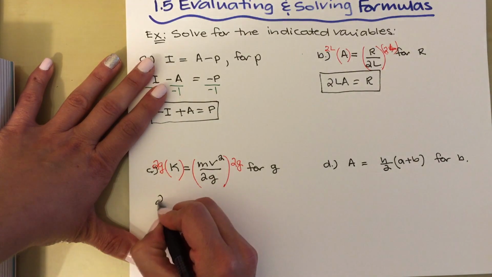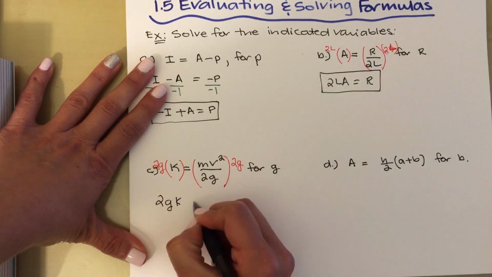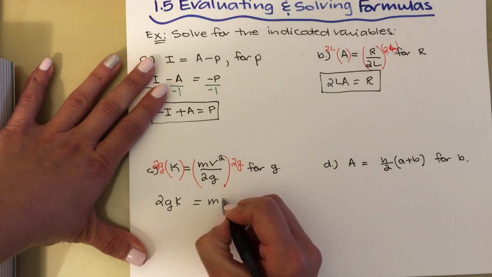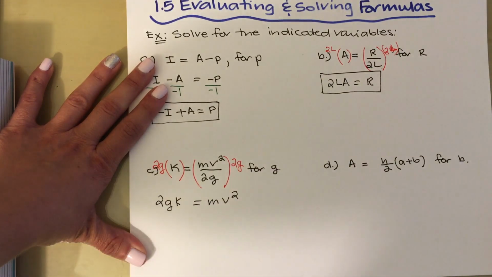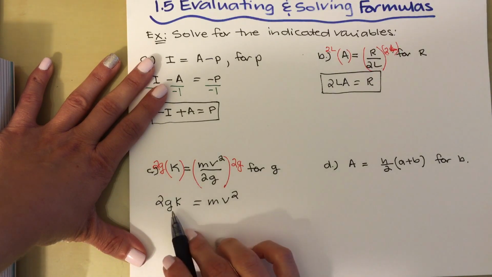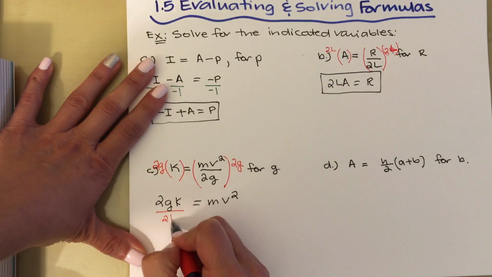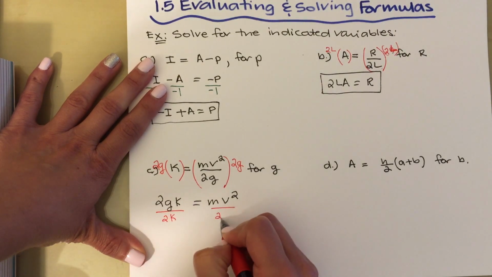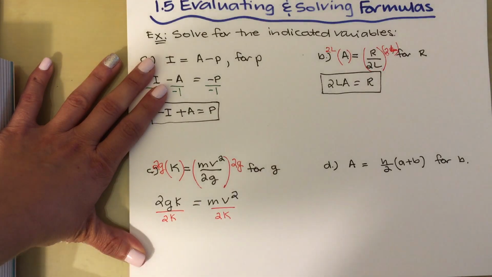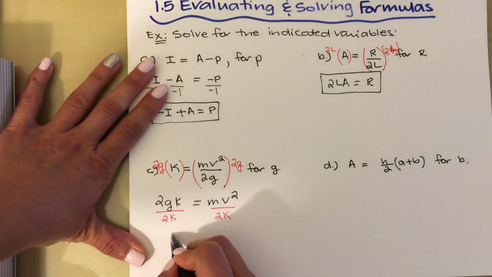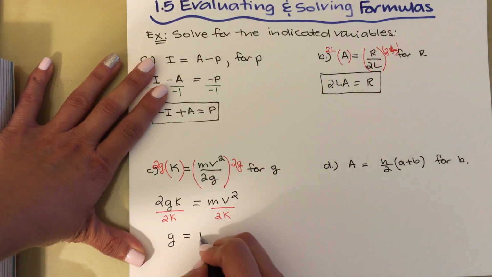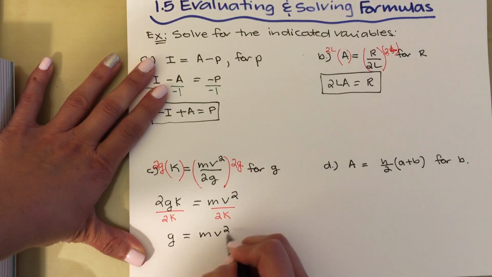And we get 2gk is equal to mv squared. Remember, you have to solve for g. So to get g by itself, you divide both sides by 2k. We can reduce here, and so you're left with g is equal to mv squared over 2k.